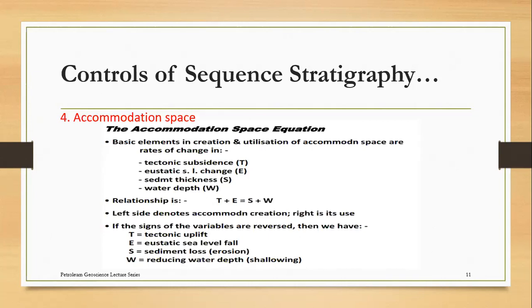My next question is, what causes this rise and falling of the sea level? A lot of things. There is a local rise and fall in sea level, and there is also global rise and fall in sea level. But in sequence stratigraphy, what we are discussing is the global control, global rise and fall of sea level.